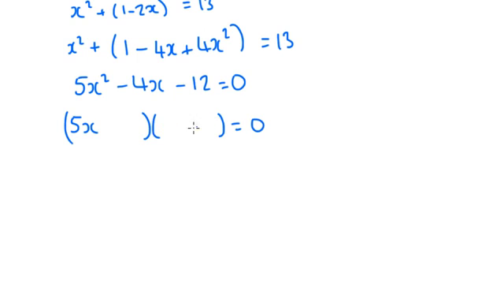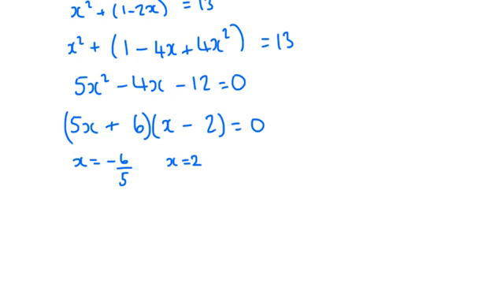No, wrong way around. 6 there, 2 there. So that's going to give me 10 and 6. That makes my 4. So I need minus 10 and plus 6. Okay, so my two points are going to be x equals minus 6 over 5 and x is going to equal 2.